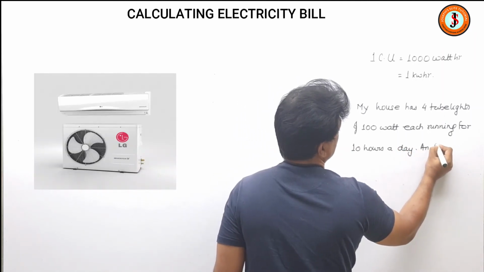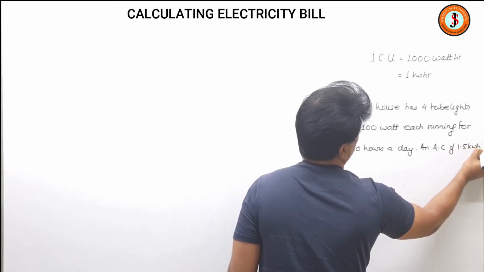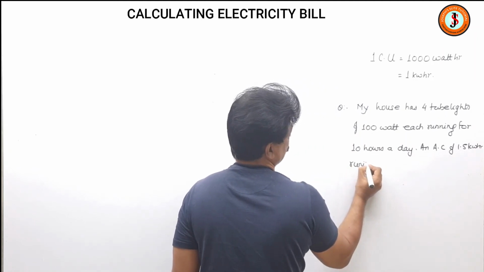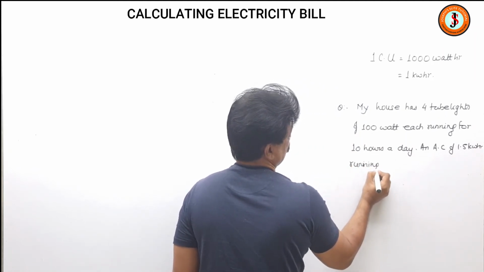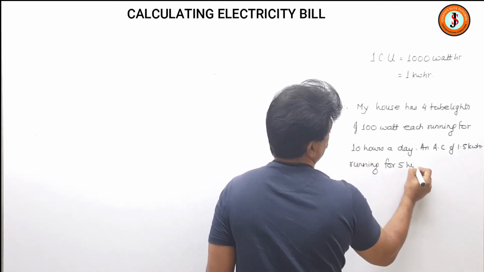An AC of 1.5 kilowatt running for 5 hours a day.